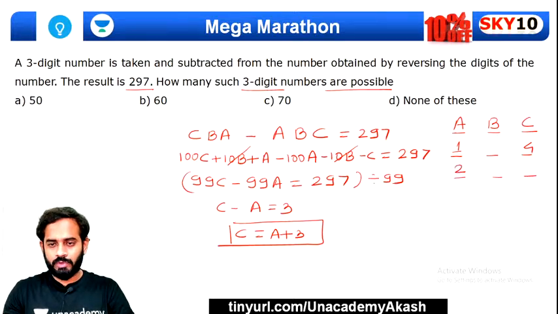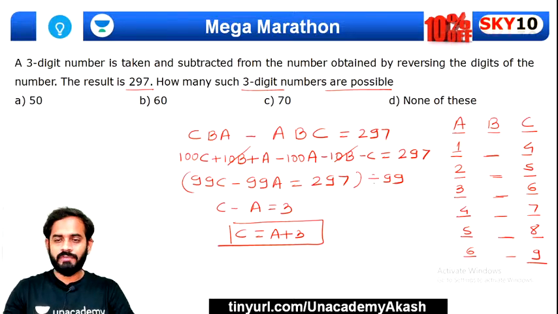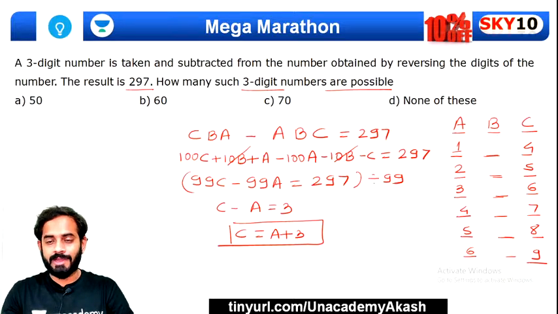If you write 2 here, value of C should be 5. If A is 3, C will be 6. If A is 4, C will be 7. If A is 5, C will be 8. If A is 6, C will be 9. Now there is no condition given for the value of B.